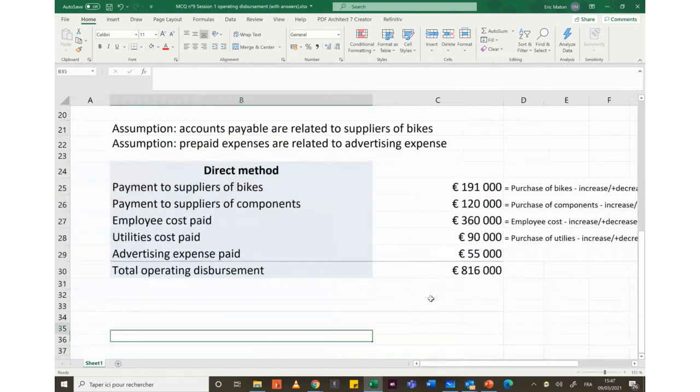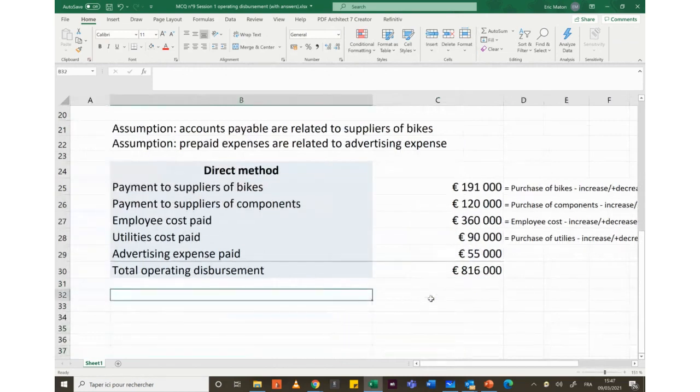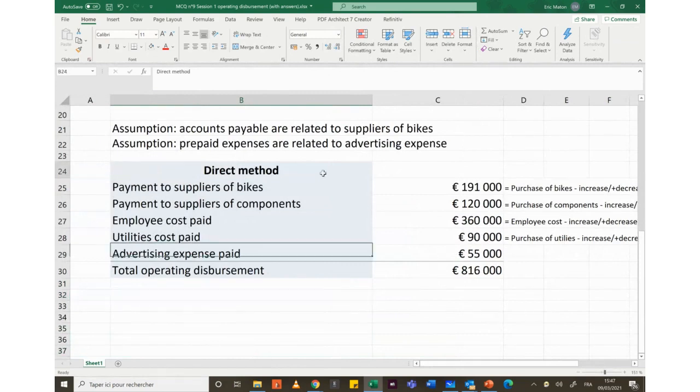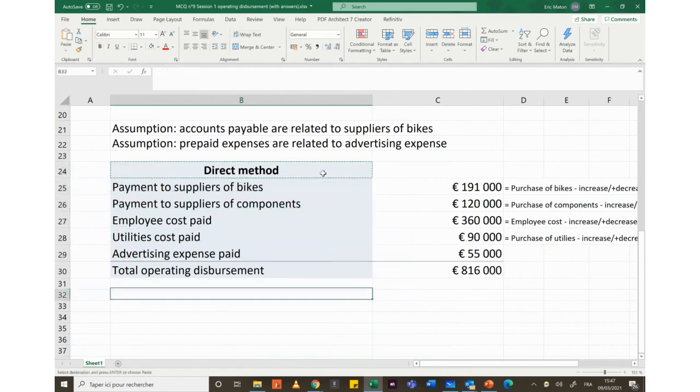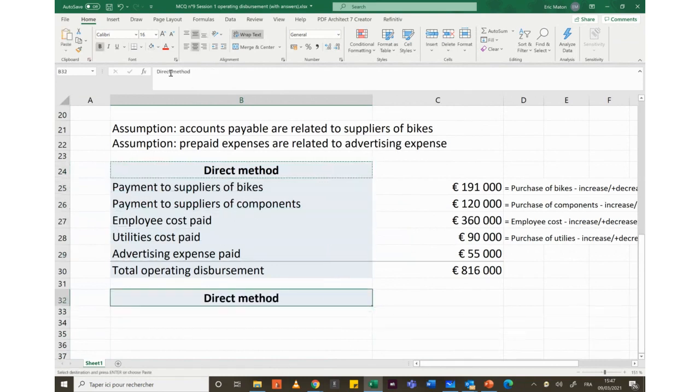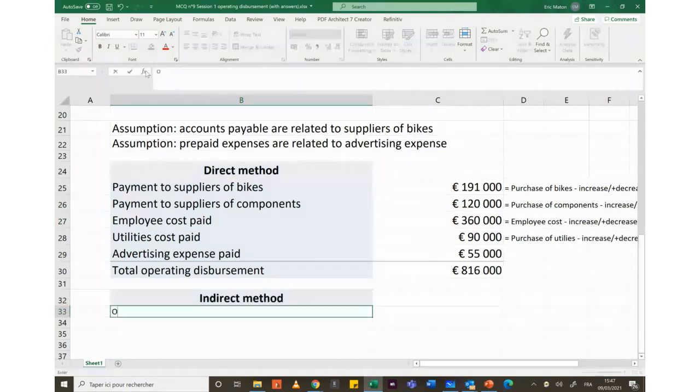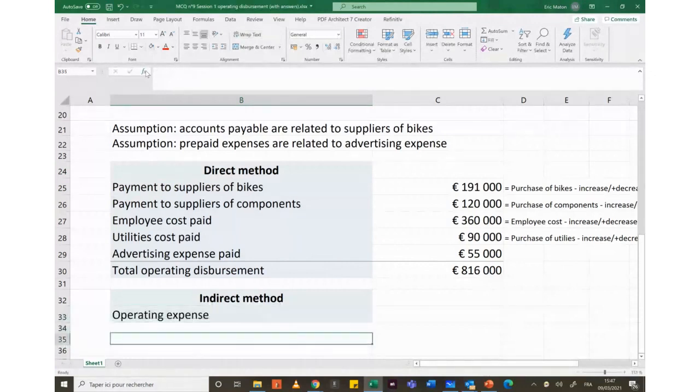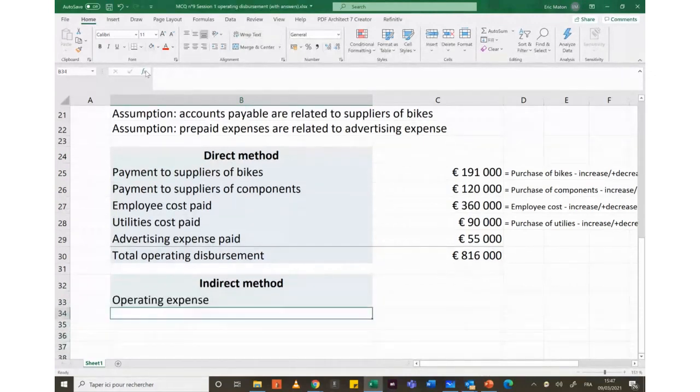If I want to use the indirect methods, I need to calculate first the operating expense. So now I want to use the indirect methods. So I start from the P&L for the operating expense. And from the operating expense, I will have the step 1. Add back non-cash expense.